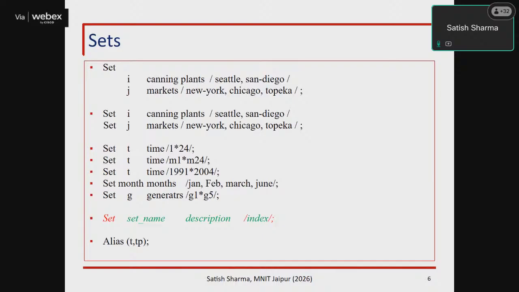These are basically the syntax of GAMS. The green one is basically user inputs. So if I just go back to the line just above this one, set G. G is the name of the set. I can give any name here. It's a user input, so that's why it's green. You can give any name here. I have given G as the name of the set.